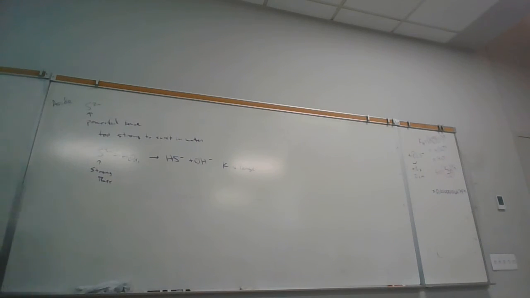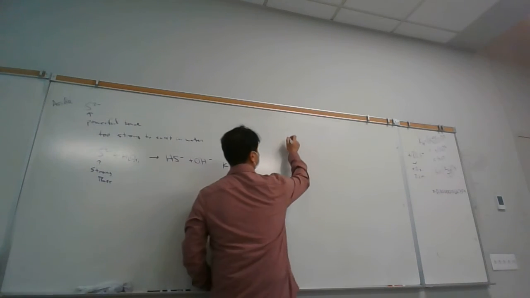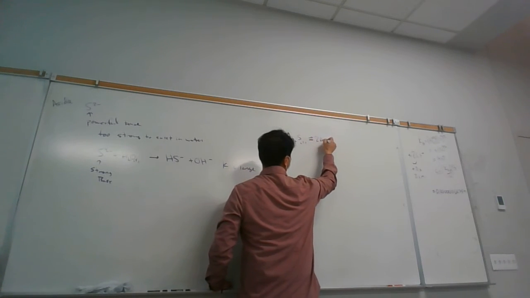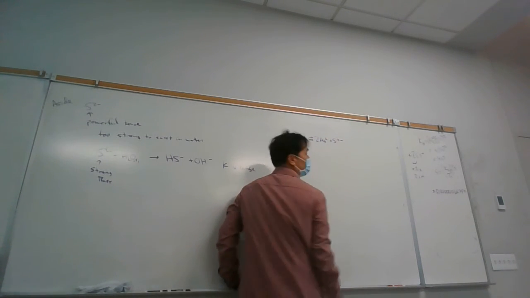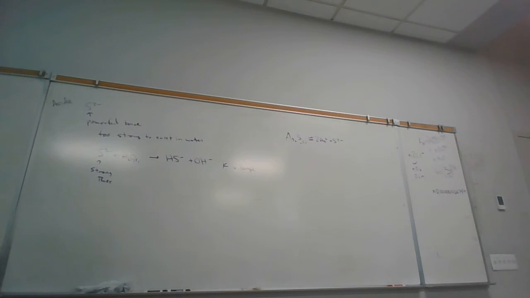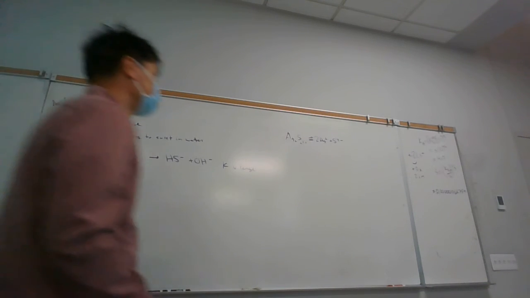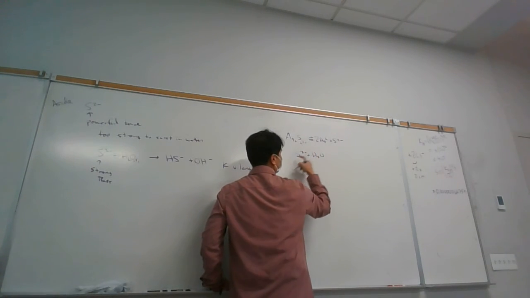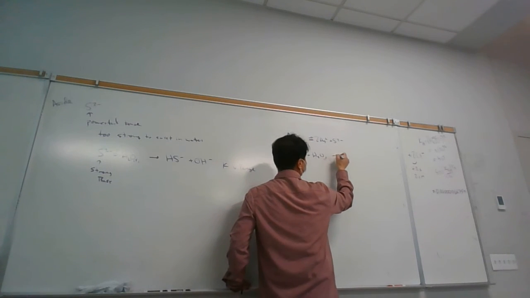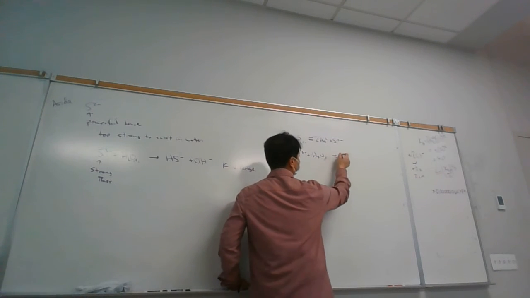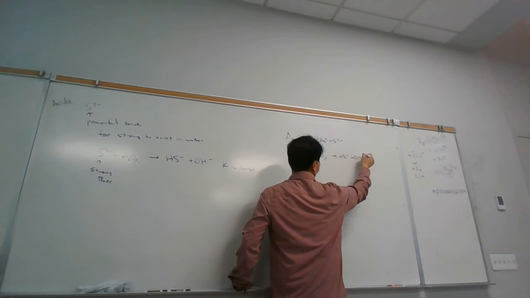So if we look at Ag2S, solid Ag2S is going to go to 2 silver ions plus a sulfide ion. But we know as soon as we generate sulfide, what's going to happen? An acid-base reaction, because sulfide is too powerful of a base. And so immediately, when sulfide is generated, it's going to attack water. So we get sulfide plus H2O liquid, and this is going to form HS minus and OH minus.